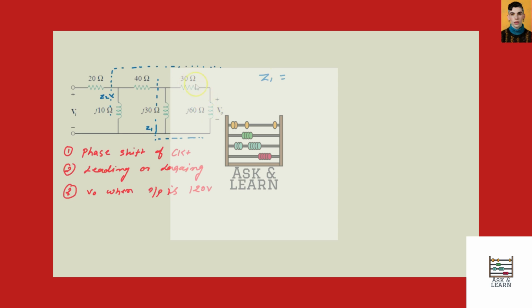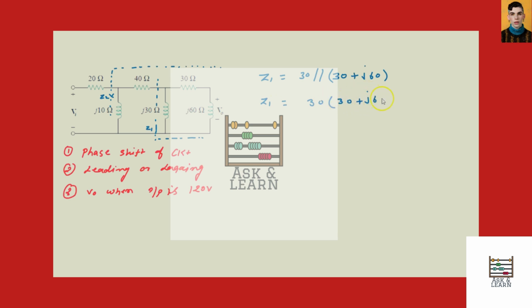Both are connected in series, this 30 ohm resistor and this 60 ohm inductor. Then it is 30 plus j60, and the series combination of these two elements is in parallel with the resistor 30 ohm, right?